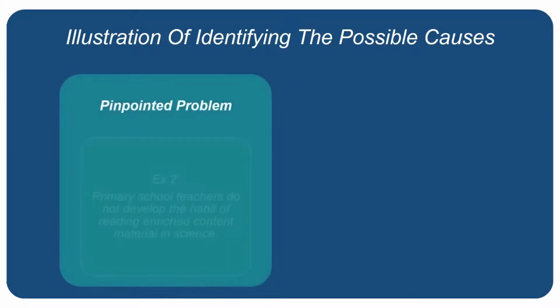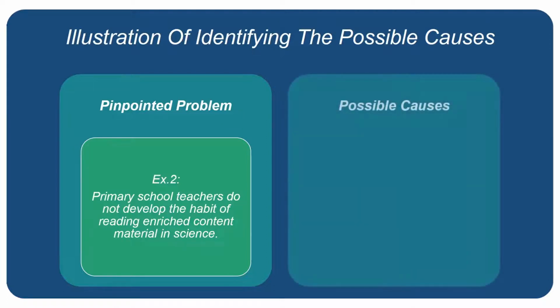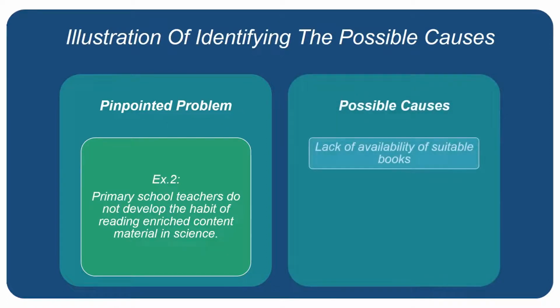Now if we move further to the pinpointed example number 2, that primary school teachers do not develop the habit of reading enriched content material in science. Again, the person who is doing this research has to find out the possible causes. The possible causes in this situation may be lack of availability of suitable books in the first place.